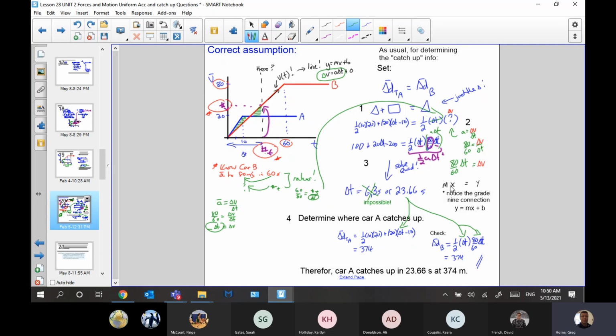So you could even tackle this with a grade 9 flare if you wanted. And that's pretty much how the solution needs to go for these whenever you have a catch-up question that continues to accelerate, that is.